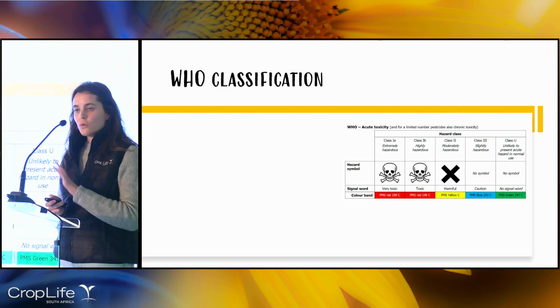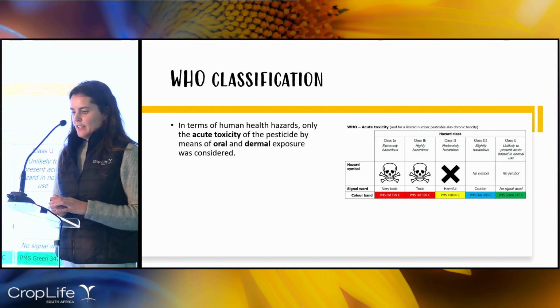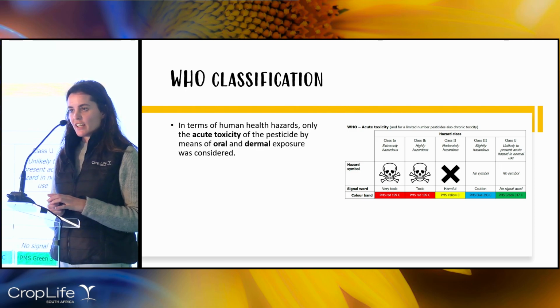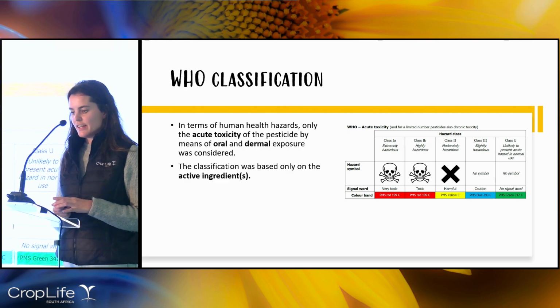So if we look at the old system, the World Health Organization classification, in terms of human health hazards, only acute toxicity was taken into account, and this was also just for oral exposure and dermal exposure. You would see in GHS, we also take into account acute toxicity for inhalation.